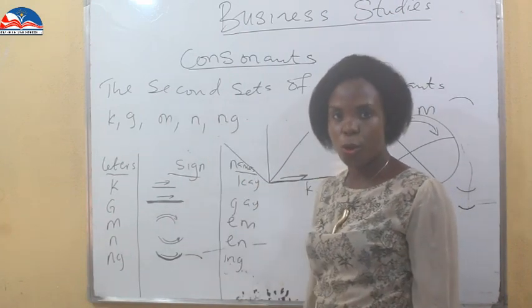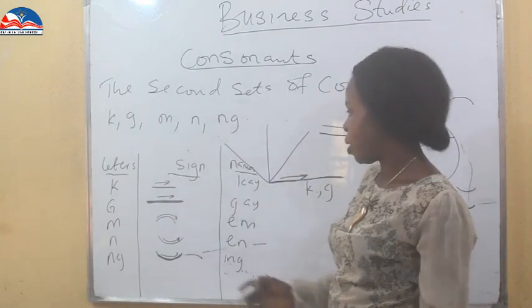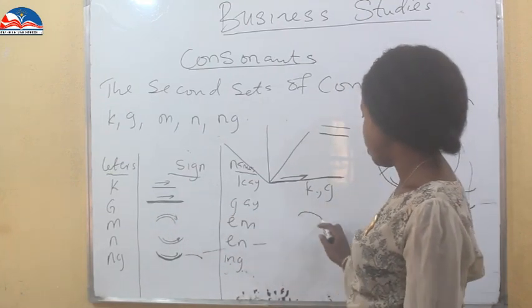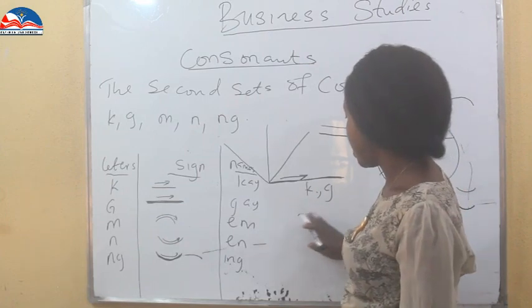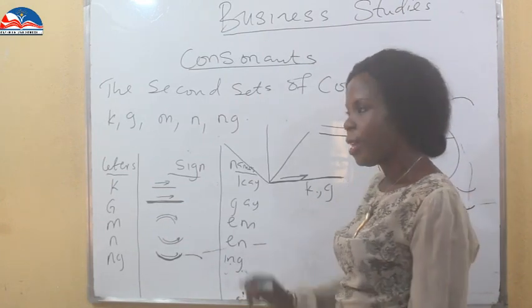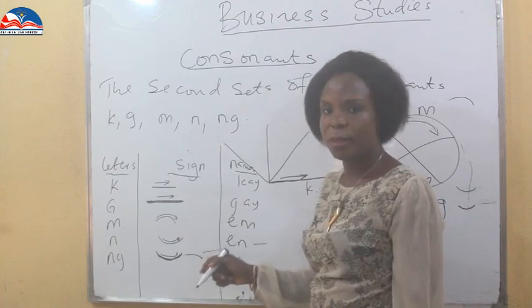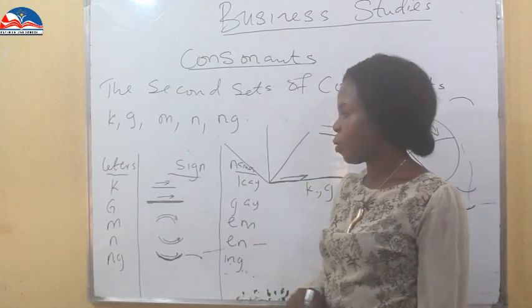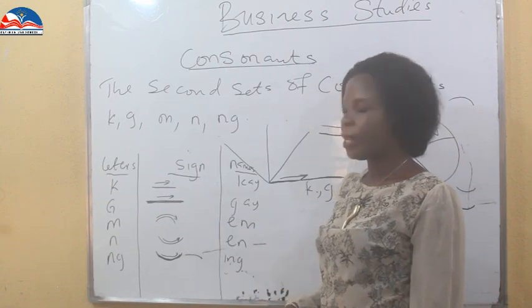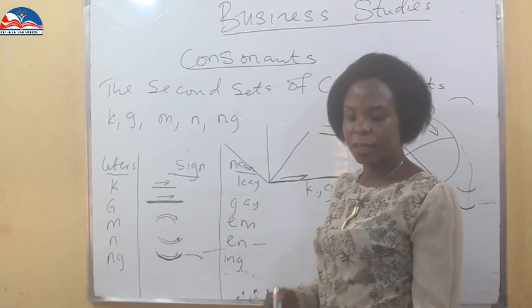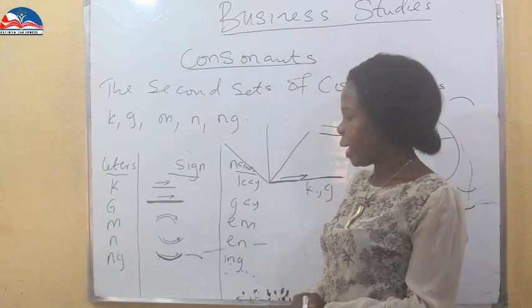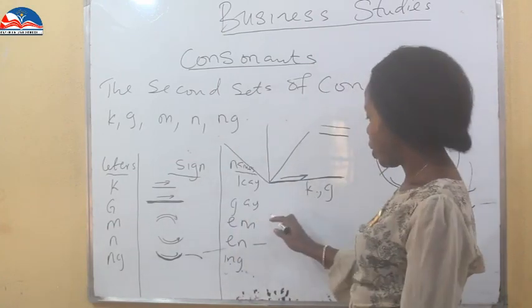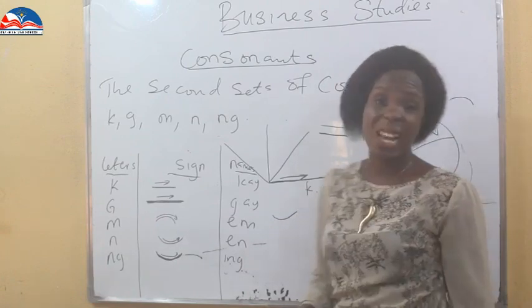The M is written in a downward curve, but a lighter curve. Then the N is an upward curve like this way, but a lighter one.